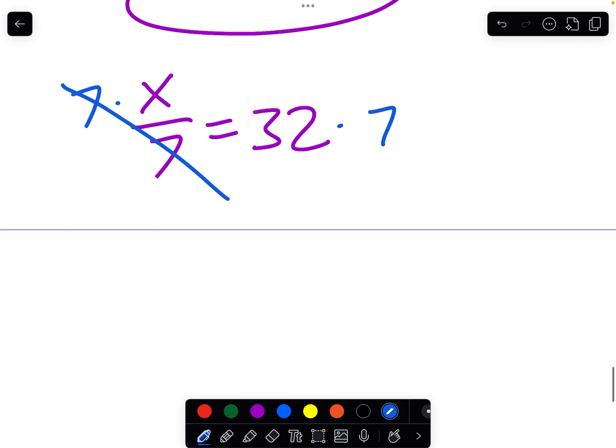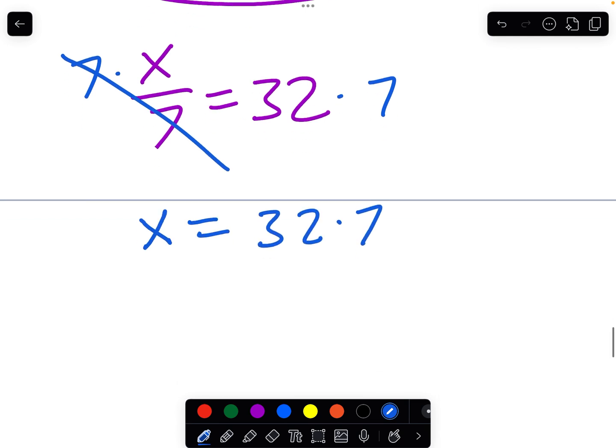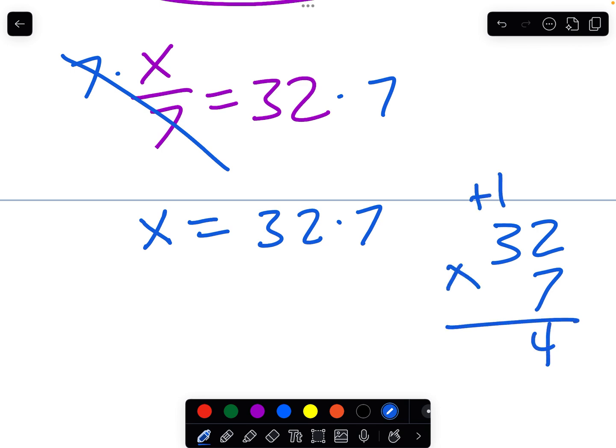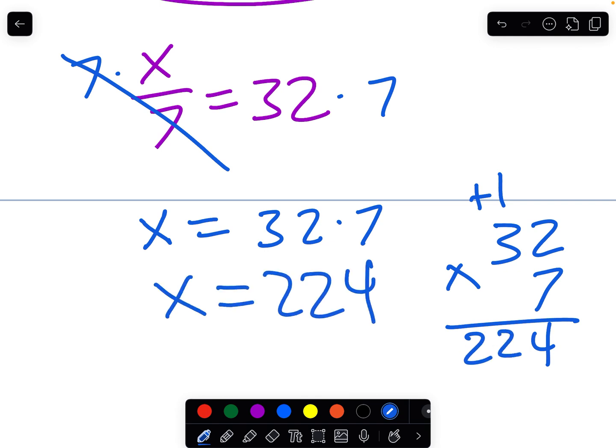The 7's cancel each other out. I'm left with x equals 32 times 7. Now, what is 32 times 7? 7 times 2, that's 14. Going to add 1 to the next column. 7 times 3 is 21. I'm going to add 1, that's 22, and x equals 224.